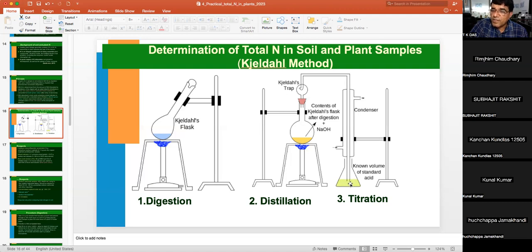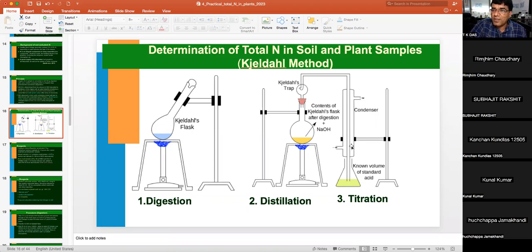The red color will disappear. So this is how your ammonia will be distilled. Now the question comes, when should I stop this distillation? When may I consider that whatever ammonia was present in the sample has been distilled?